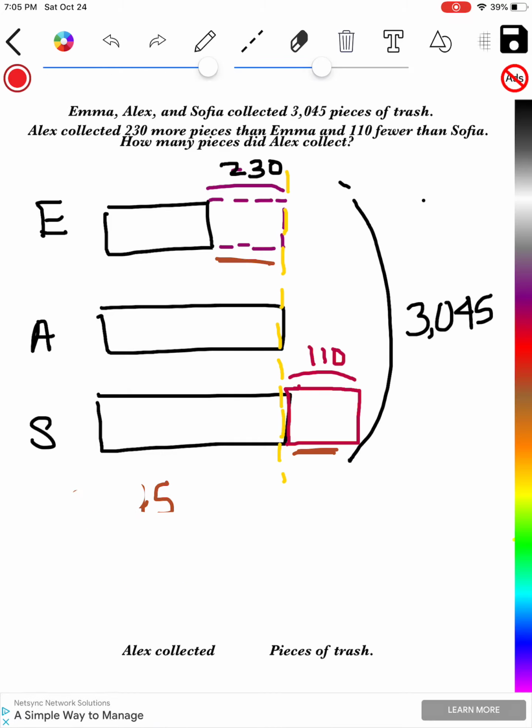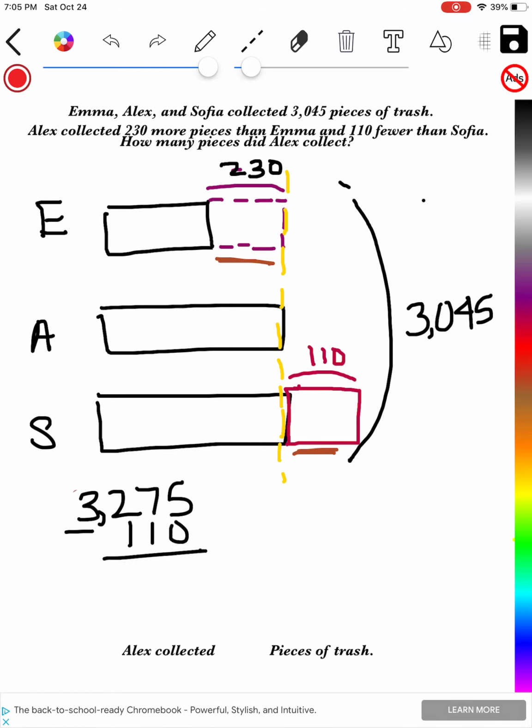I'm going to rewrite that. 3,275. And I'm going to subtract that 110. Alright, so this is our new total. Our total of having all three of those bars be exactly at that threshold, or that dotted yellow line.